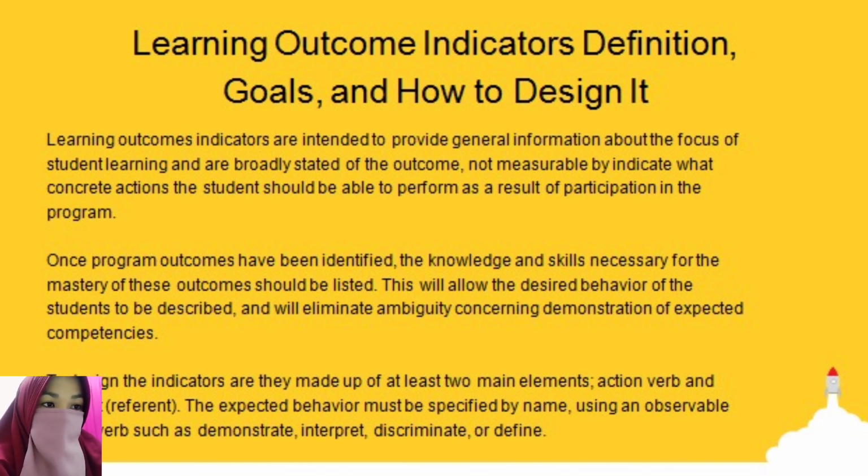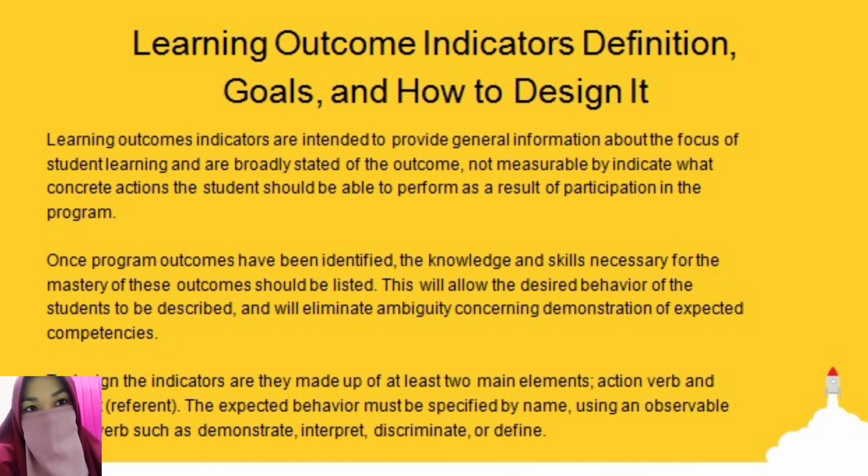Once program outcomes have been identified, the knowledge and skills necessary for the mastery of this outcome should be listed. This will allow the desired behavior of the student to be described and will eliminate ambiguity concerning demonstration of expected competencies.